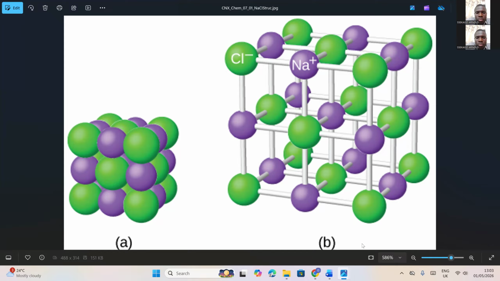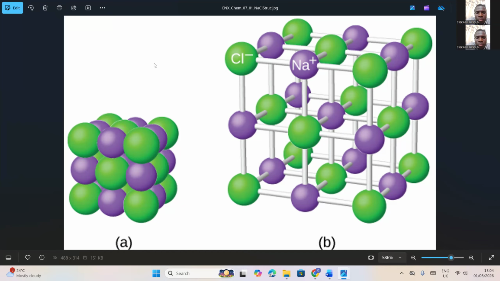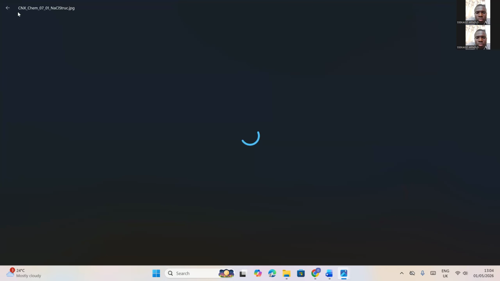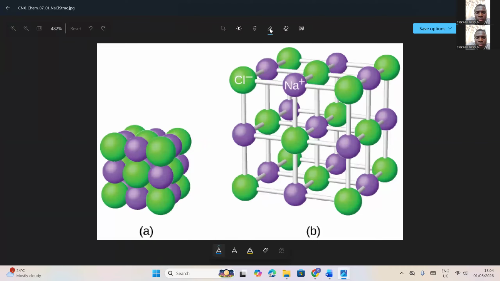So that is the giant ionic structure. These lines you are seeing, this white line joining Na plus to Cl negative, those are what we call the ionic bonds.